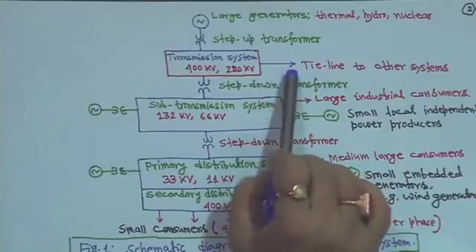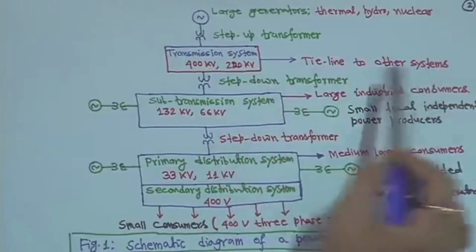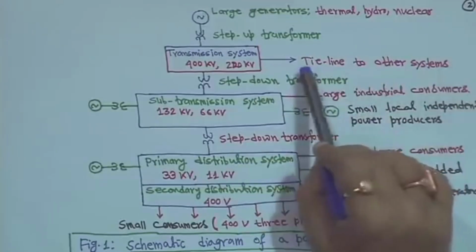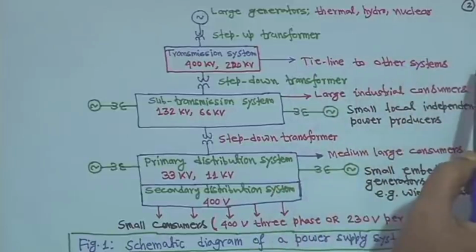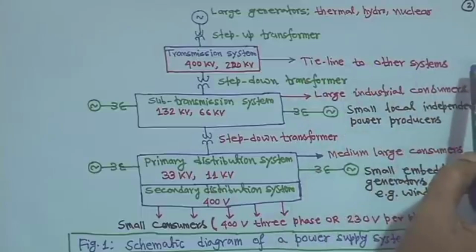So we show it like this by a single line, the tie line to other systems. Other system means another power system, or it may go to another substation somewhere, right?